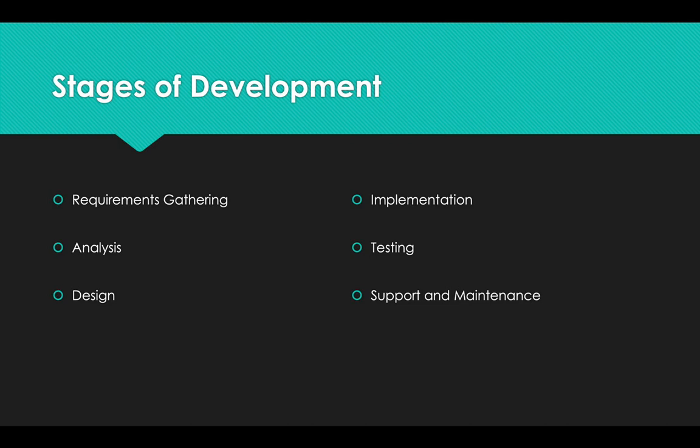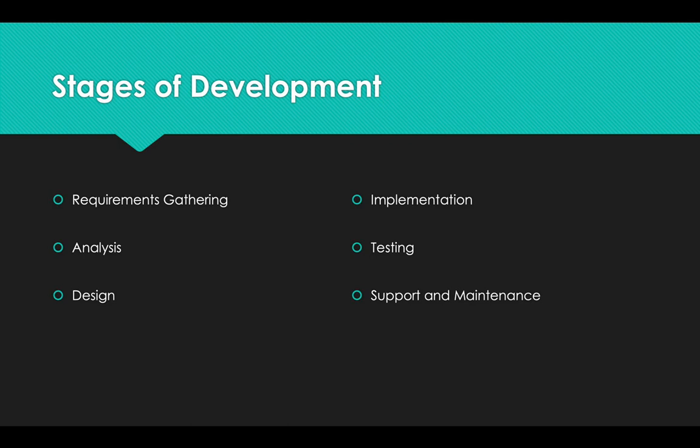You go into design, where you put together an internal facing specification of how you're going to solve the client's problems. Then implementation, where you perform the coding, testing, where you verify that your coding is correct, and then support and maintenance, where you perform any bug fixing, feature enhancements, things like that that are requested by the client.